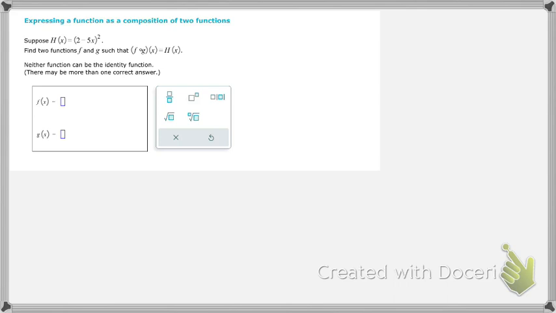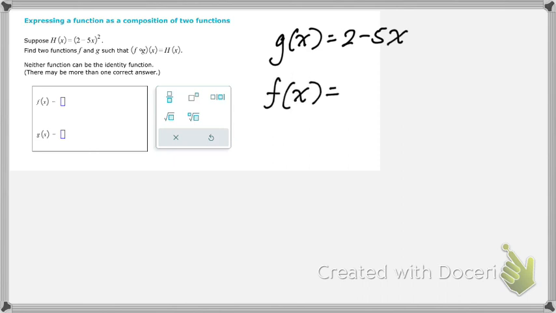I still have the same idea: I know what expression h of x is equal to, and I know that it's a composition of f and g, and I want to know what f and g are. So in this case, g of x is equal to 2 minus 5x, and f of x is equal to x squared.